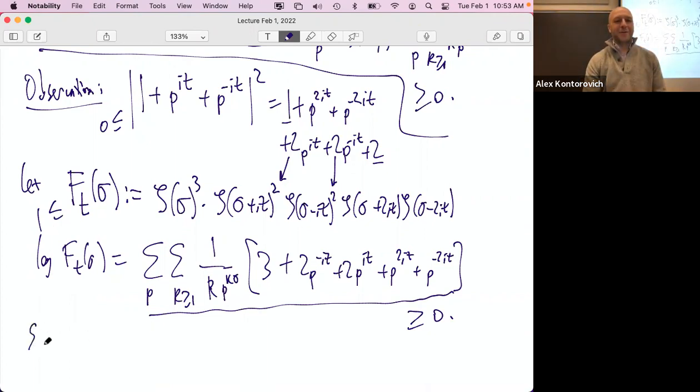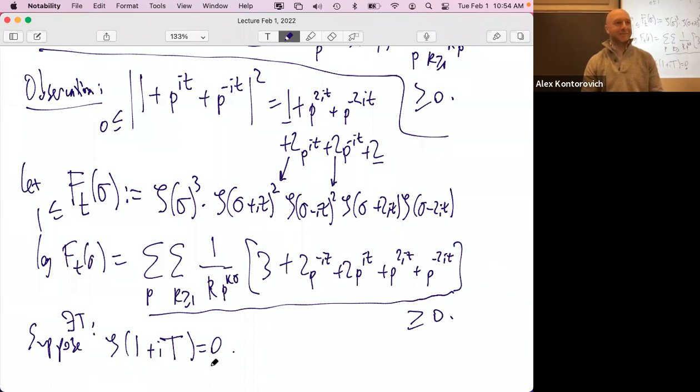Okay, now suppose zeta of 1 plus it, 1 plus i times some special value t, is 0. Suppose there exists a t so that this happens.